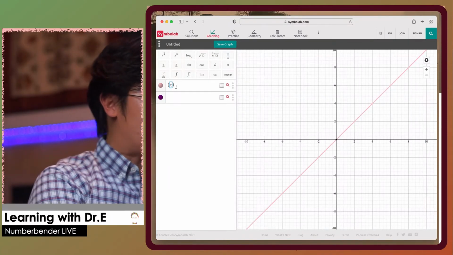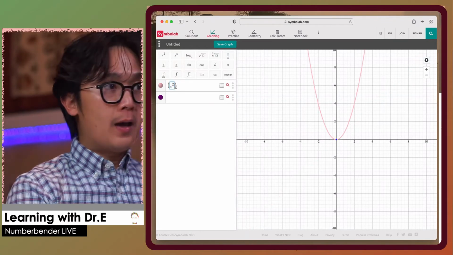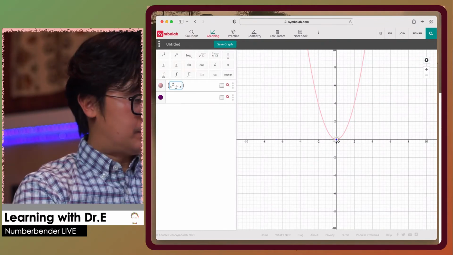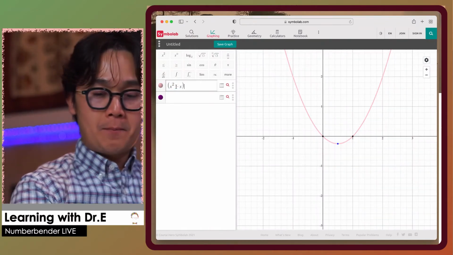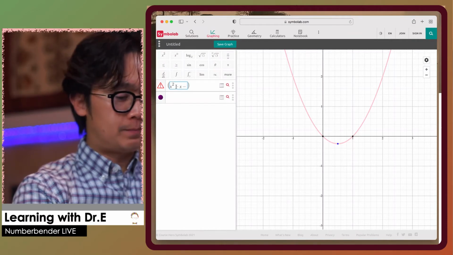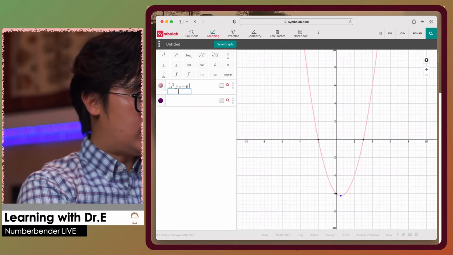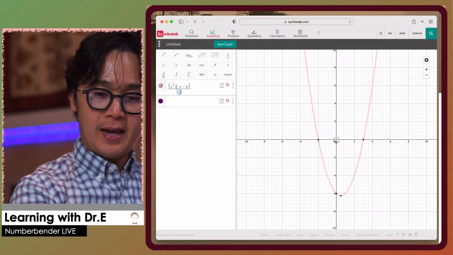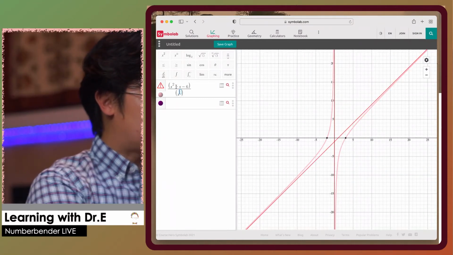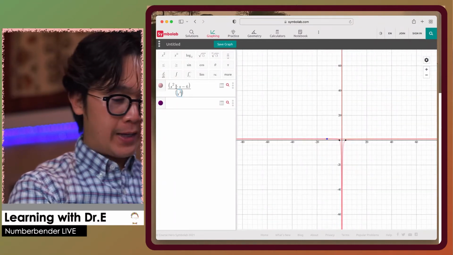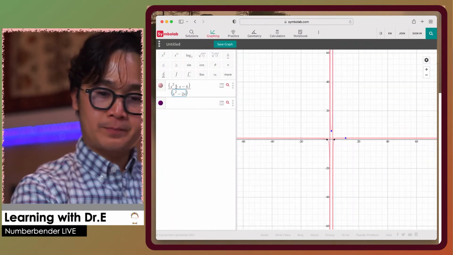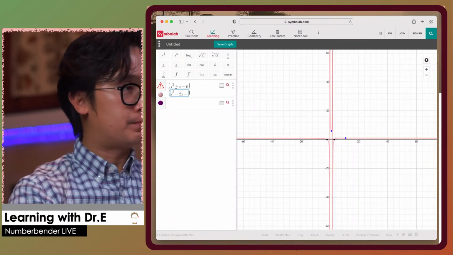So we have x squared minus x minus 6, and that's our numerator, and the denominator is x squared minus 2x minus 3.